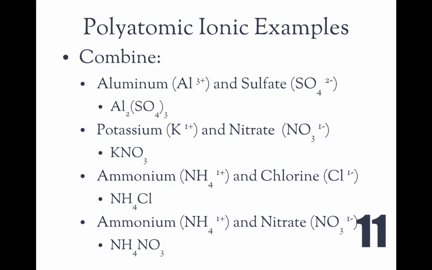We're still using the crisscross method or the perfect method because the oxidations match. But notice the positive always comes first, no matter if it's a regular element or a polyatomic.